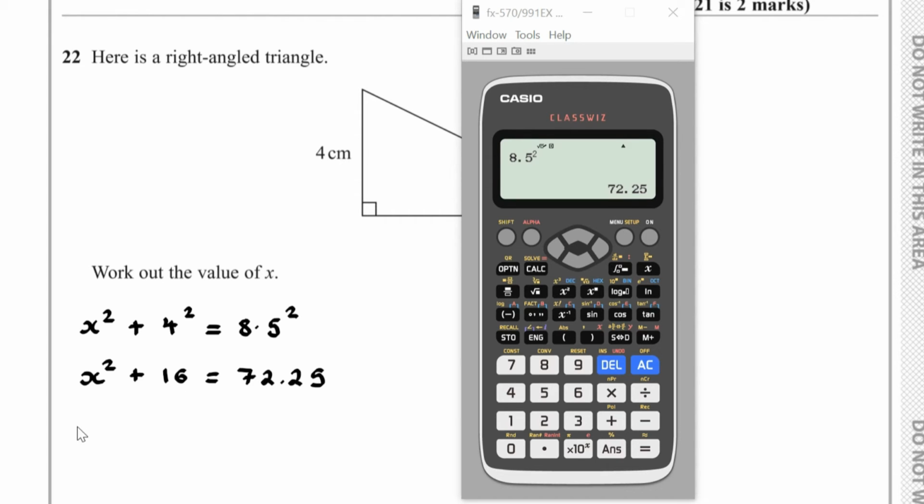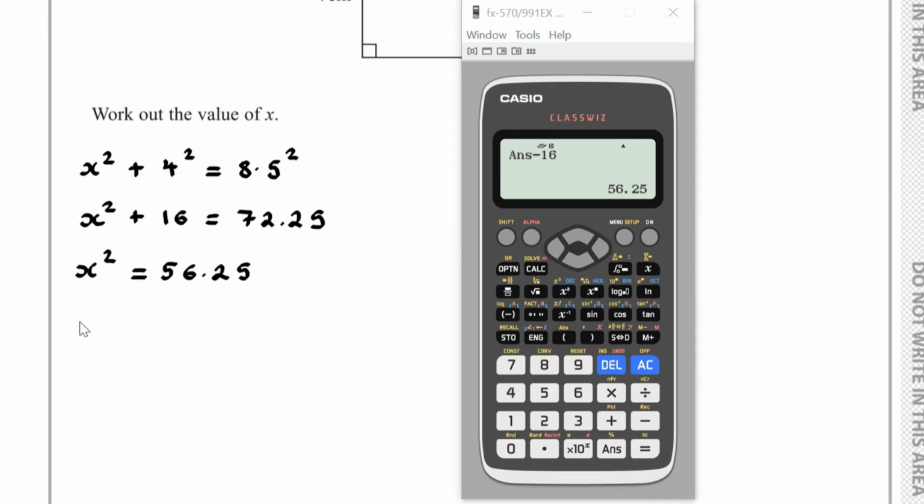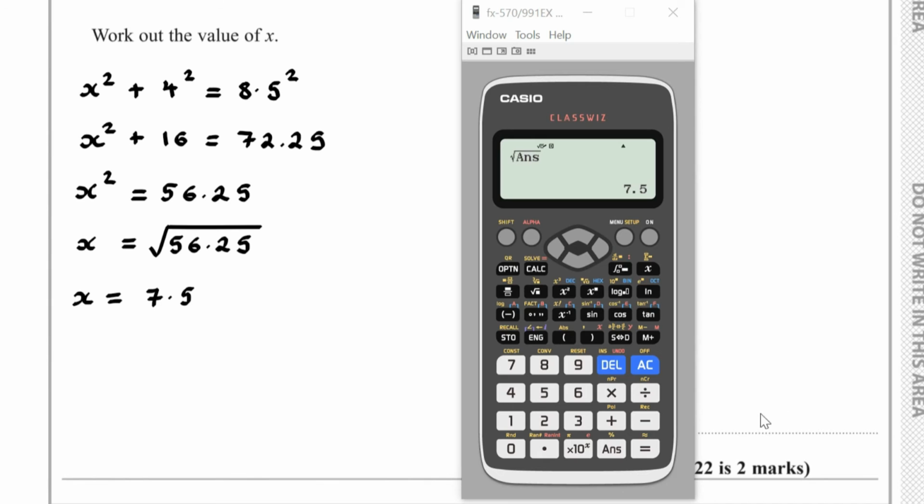And now if I subtract 16 from both sides, we have x squared is 56.25, and now to work out x, I would have to square root. So if I square root, I get 7.5. So I have x equals 7.5.